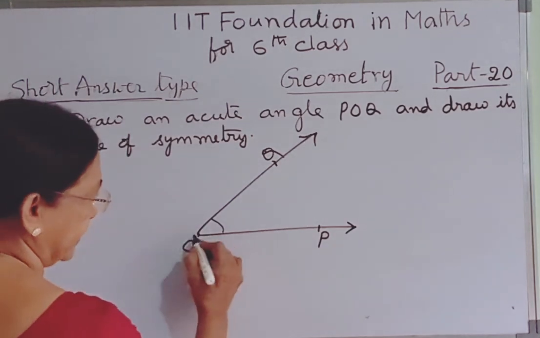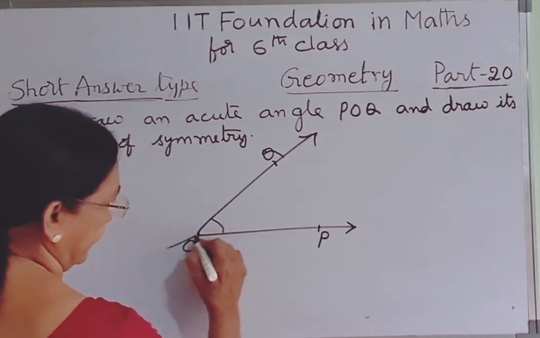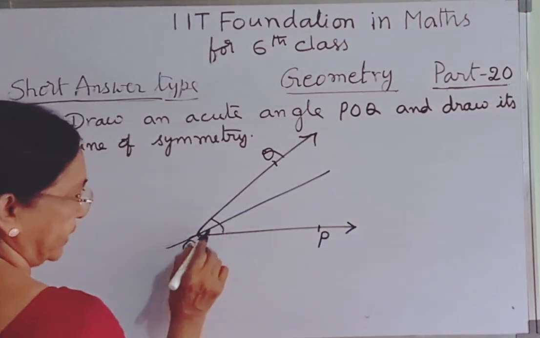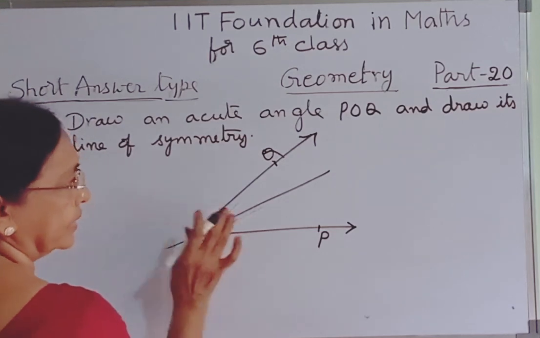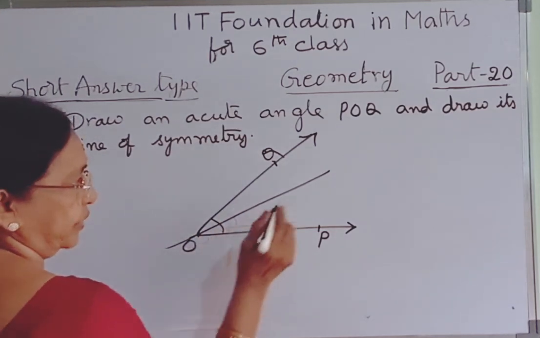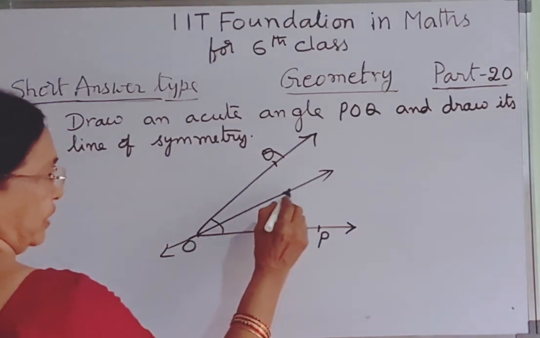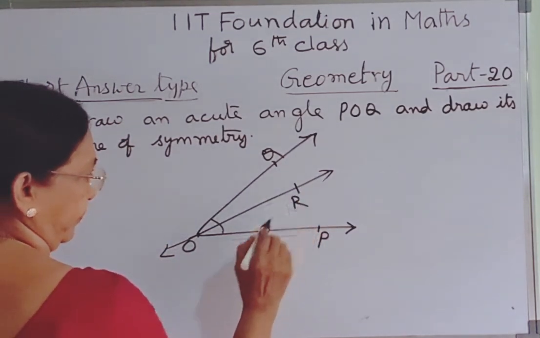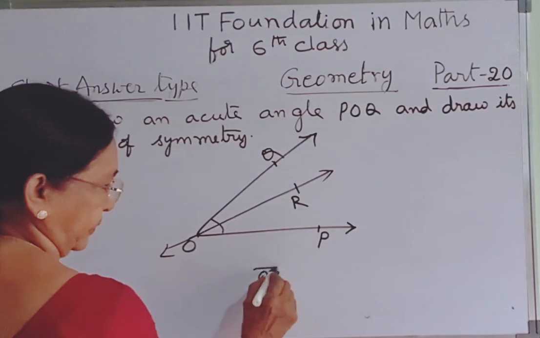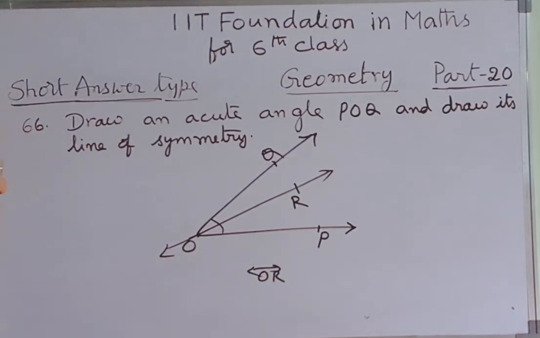So the angular bisector of this angle, that is the line which bisects this angle, is the line of symmetry of this acute angle. So this line is the line of symmetry. So line OR is the line of symmetry of the angle POQ.